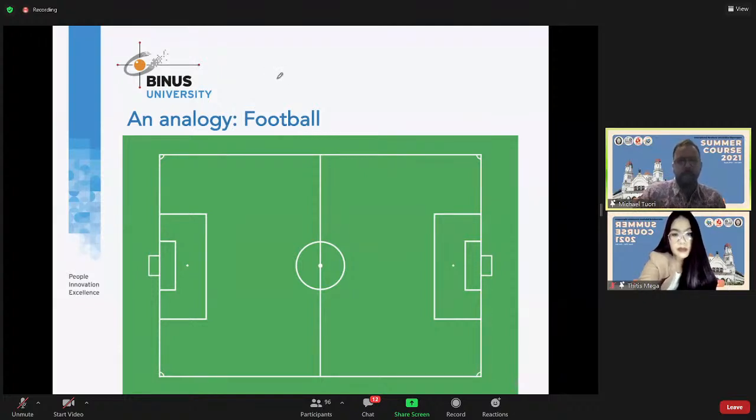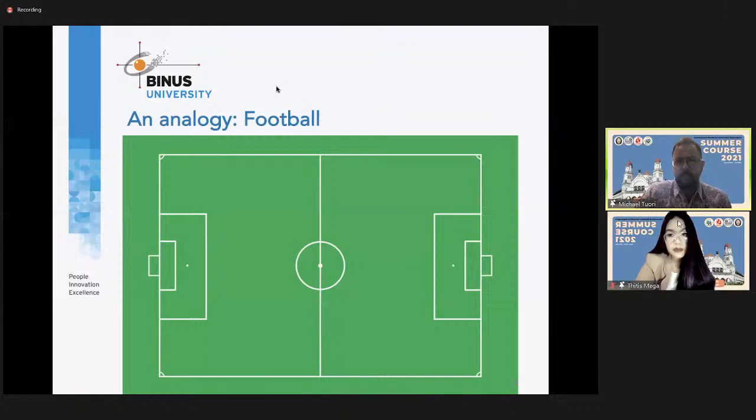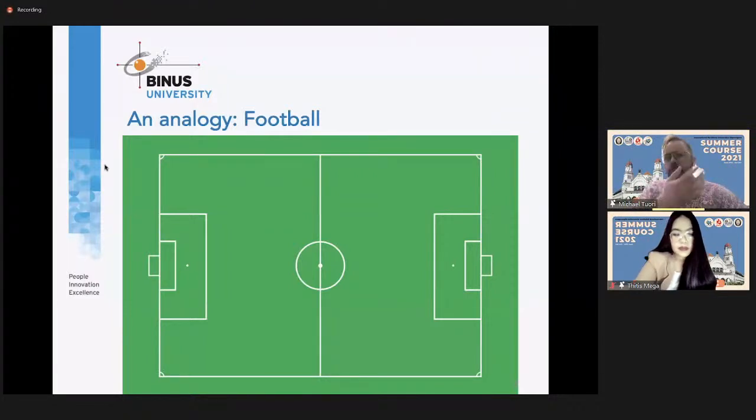So what are the factors for a football team in making a strategy? What are the factors that you have to consider that will affect your strategy? Does anyone have any ideas or experience with football? What are some of the things you consider when you make your strategy?